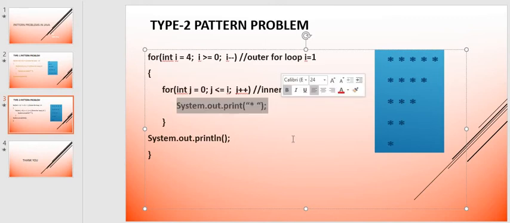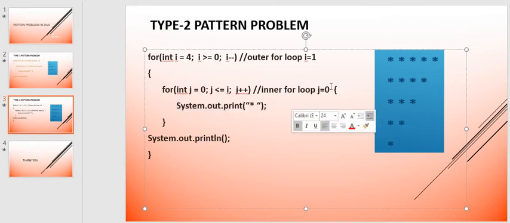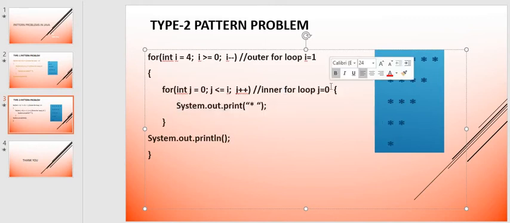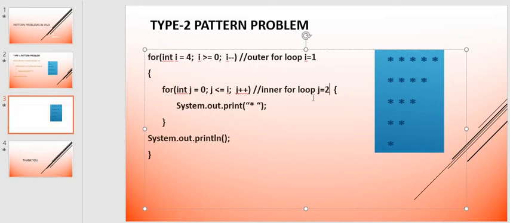It will print 1 star. That means here, for j value equal to 1, it will print another star. Now like other steps, j value will get incremented again. j value will become 2. 2 less than or equal to 1. Condition false. It will come out of this loop. It will print a new line.